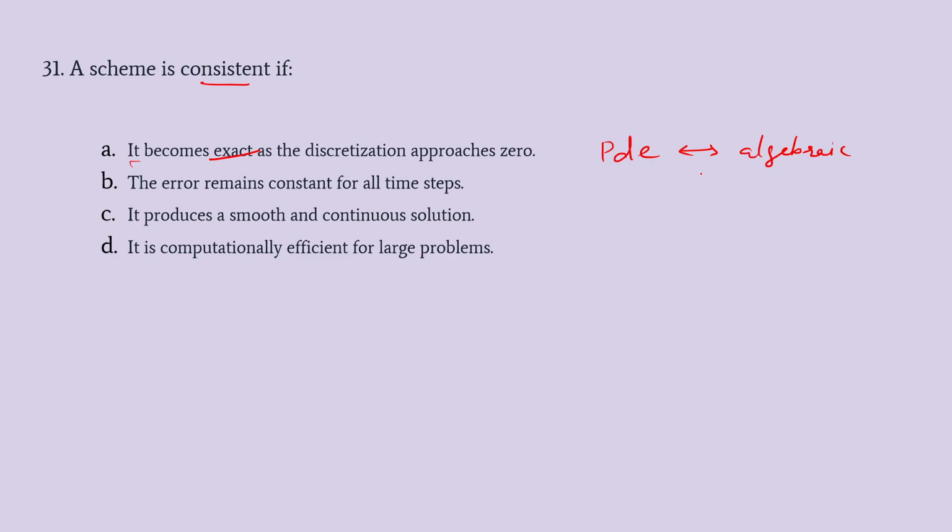Then when this discretization, delta x or delta y, approaches zero, the algebraic equation should approach the partial differential equation, or the solution of the algebraic equation should agree with the solution of the partial differential equation. That is called consistency.